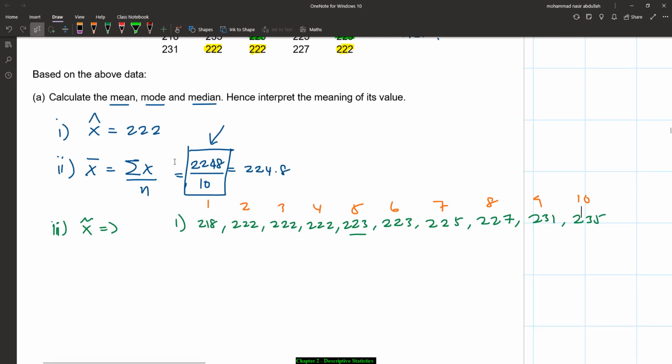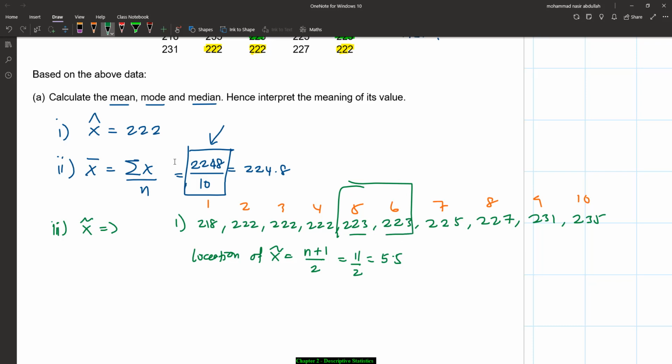So the second step is we need to find the location of the median. So n plus 1 divided by 2, which is 11 divided by 2, is equal to 5.5. Right? So 5.5 is somewhere between 5 and 6. So the median will be 223 plus 223 divided by 2, which is equal to 223.